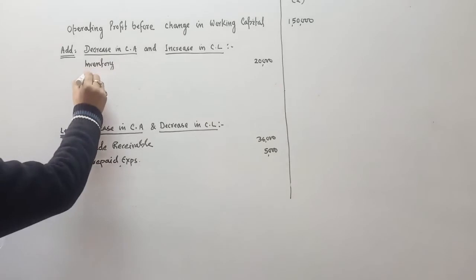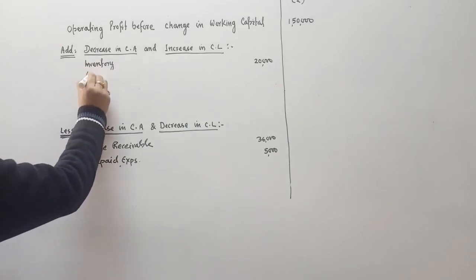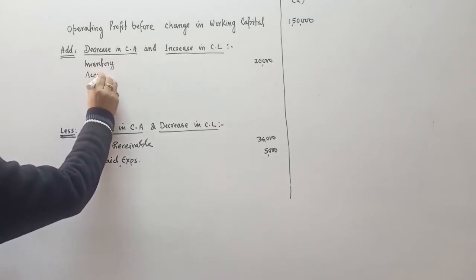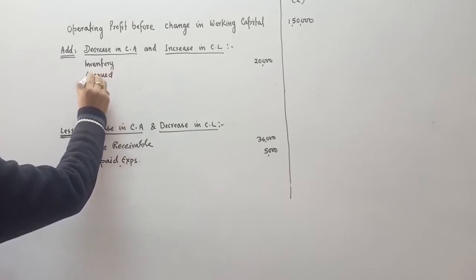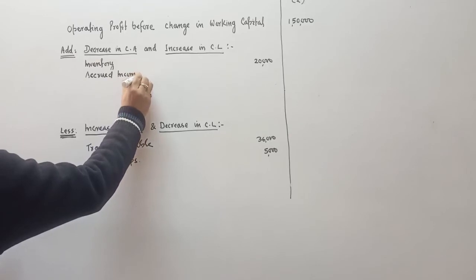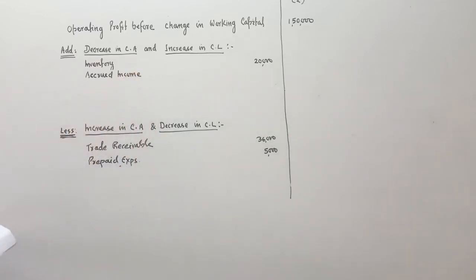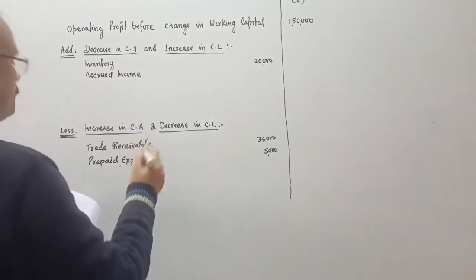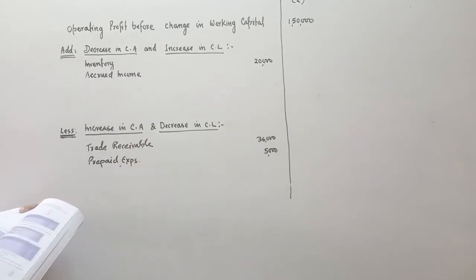So a decrease in current assets, we will write it over here: accrued income is decreased by 2,000.